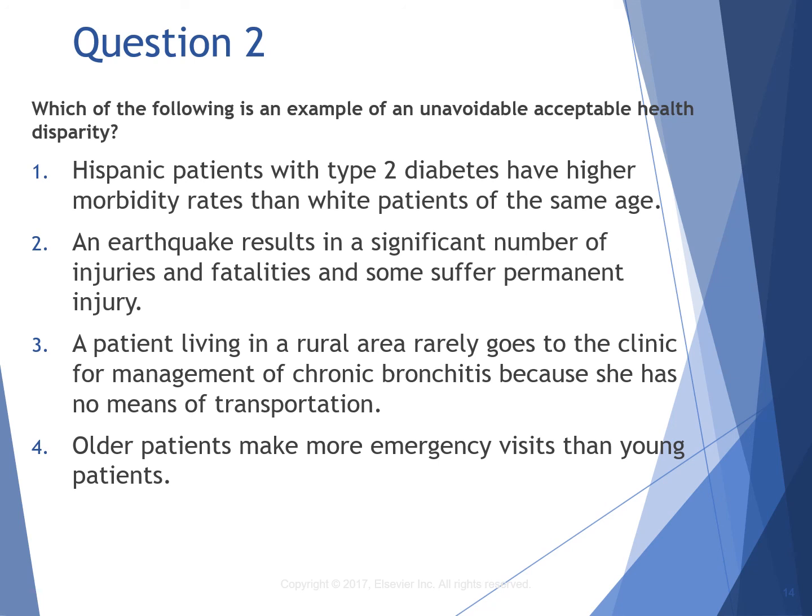A patient living in a rural area rarely goes to the clinic for management of chronic bronchitis because she has no means of transportation. And 4. Older patients make more emergency visits than young patients. Remember, we are looking for an example of an unavoidable and acceptable health disparity.